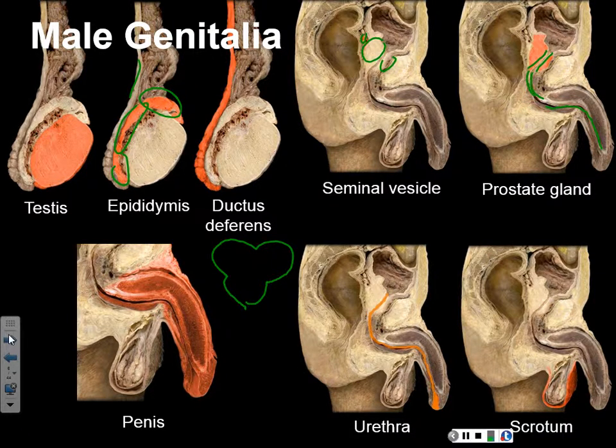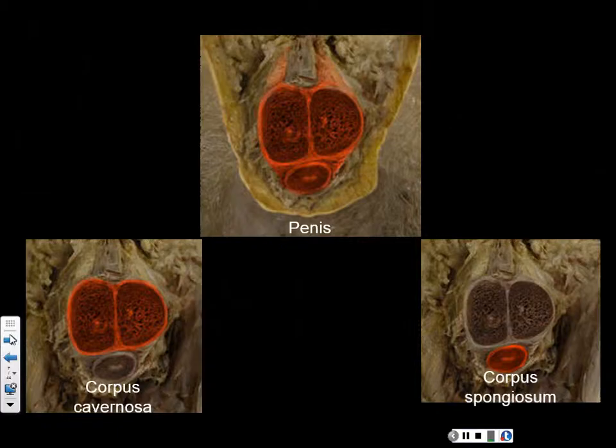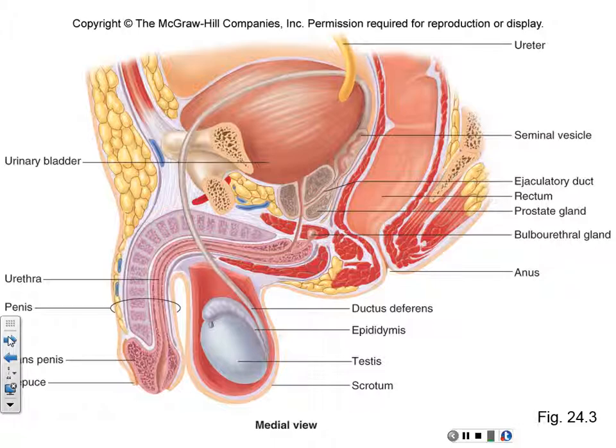This is an exaggerated diagram just to show you the 2 corpora cavernosa and then the spongiosum with the urethra in it. All right. So there it is, right there. You get the corpora cavernosa, 2 of them, 1 corpus spongiosum, which is singular, right? And those are the erectile tissues of the penis, all right?